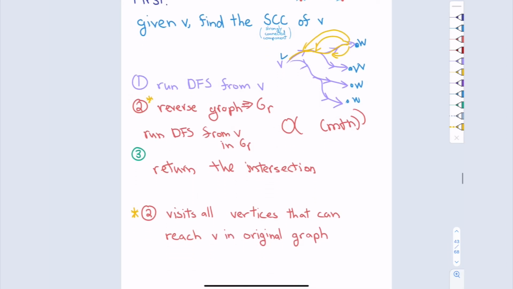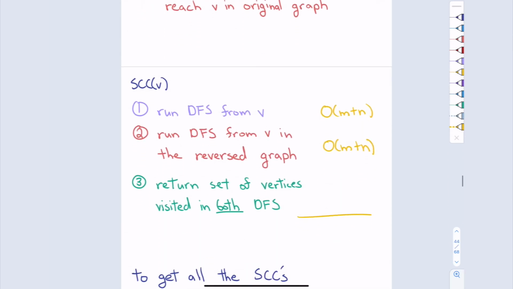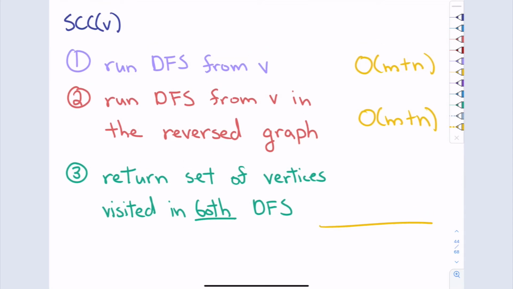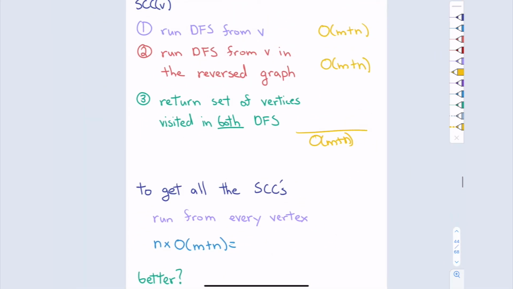All right, so that's one strongly connected component from a vertex V. So how might we get all the strongly connected components?